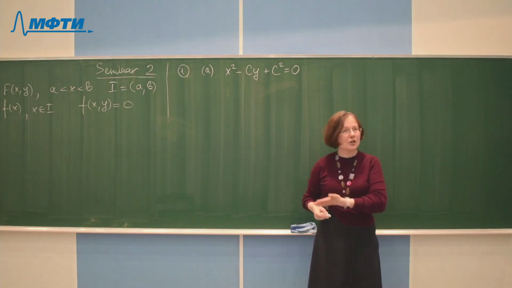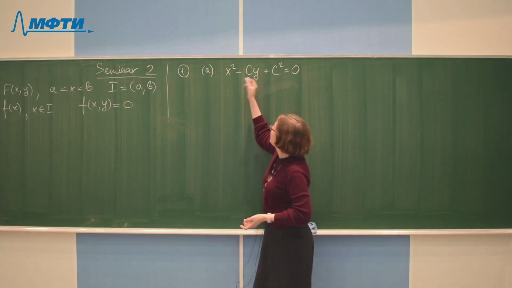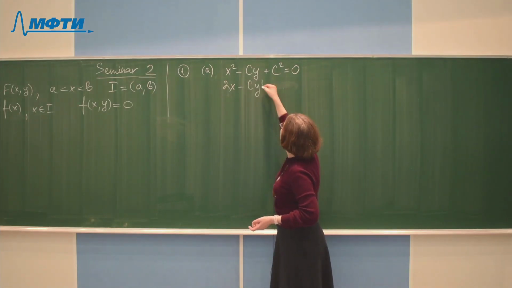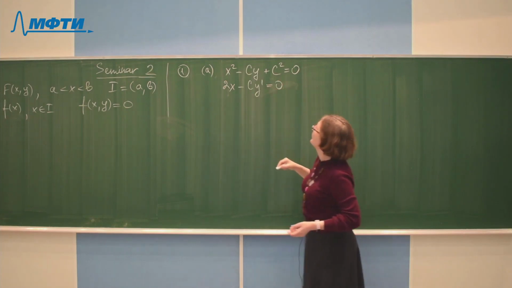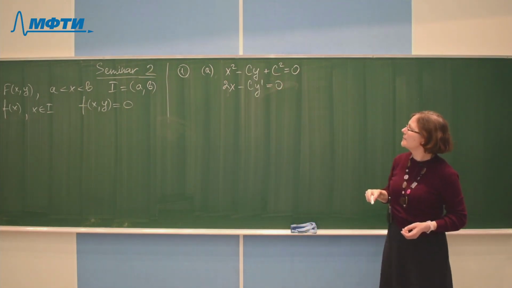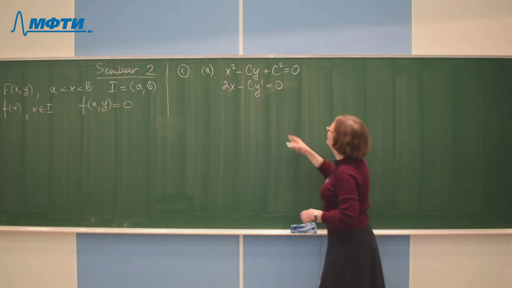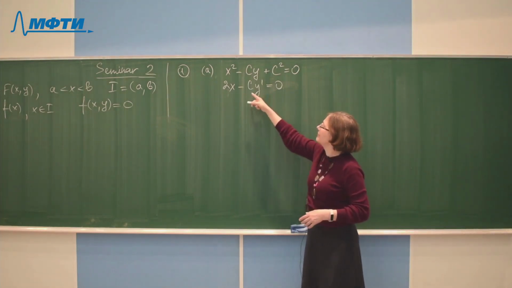So let's differentiate this. Right? It will be 2x minus c y prime equals 0. Right. And so now we have an equation for c.